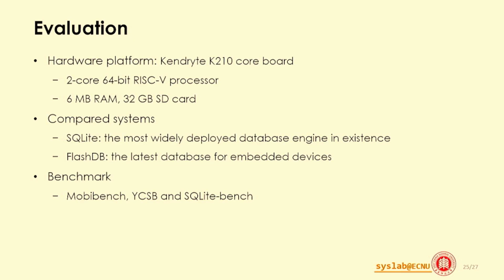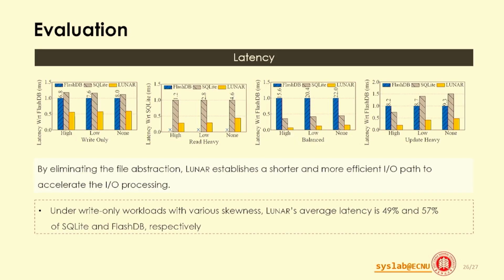We compare Lunar with SQLite, the most widely deployed database engine in existence, as well as with the latest database for embedded devices, FlashDB. We run Mobibench, YCSB, and the SQLite Bench. We first report the results of the latency. We run the YCSB benchmark with different read-write ratios and skewness.